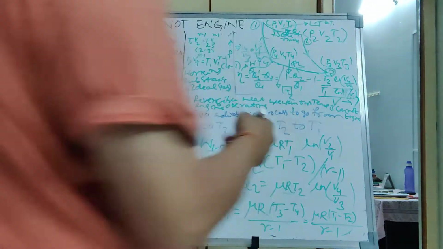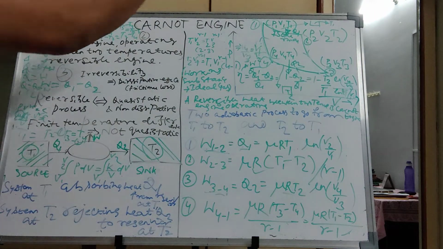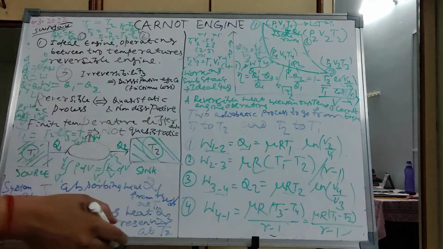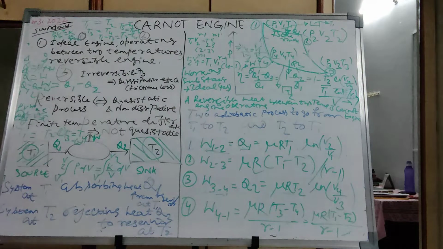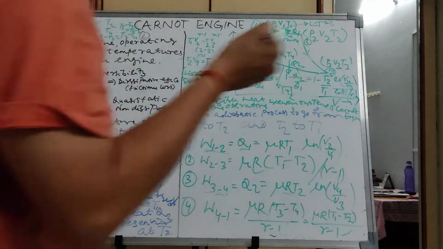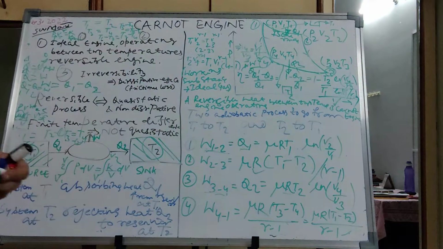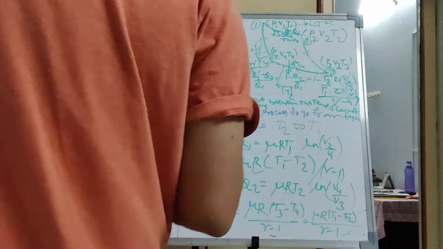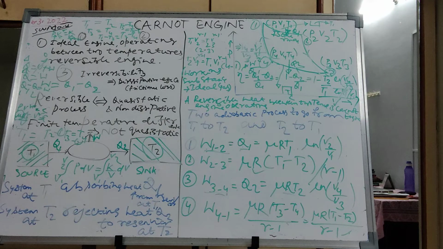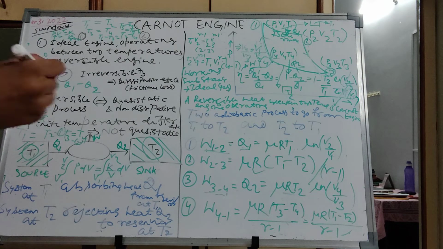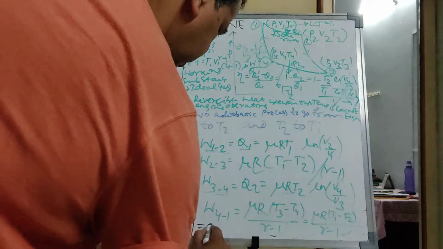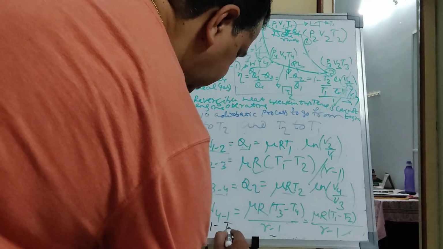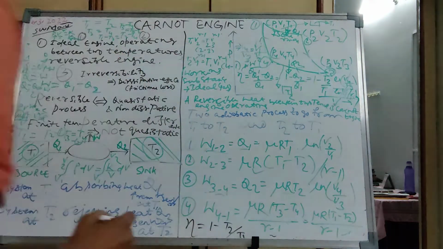So V2 by V1 is equal to V3 by V4, like that. If this is the case, then these two terms will get cancelled, and your efficiency of the Carnot engine is nothing but 1 minus capital T2 by capital T1. So efficiency is equal to 1 minus T2 by T1.